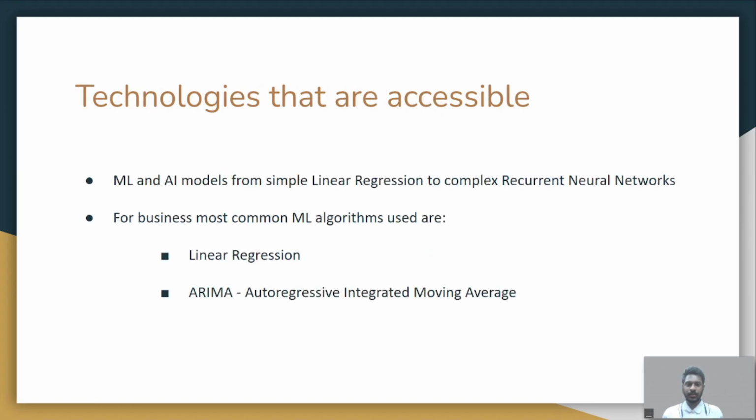The technologies that are accessible are the ML and AI models. We can use a simple regression model. Regression, in the sense that you will have multiple data points, unlike classification, which is between 2 points, 0 and 1, where 0 means false and 1 means true. Regression has multiple data and multiple outputs, in a linear form, where one single line represents all the data points.